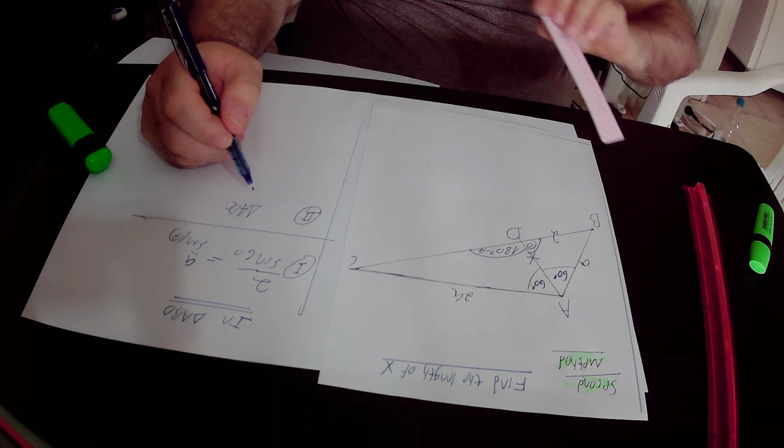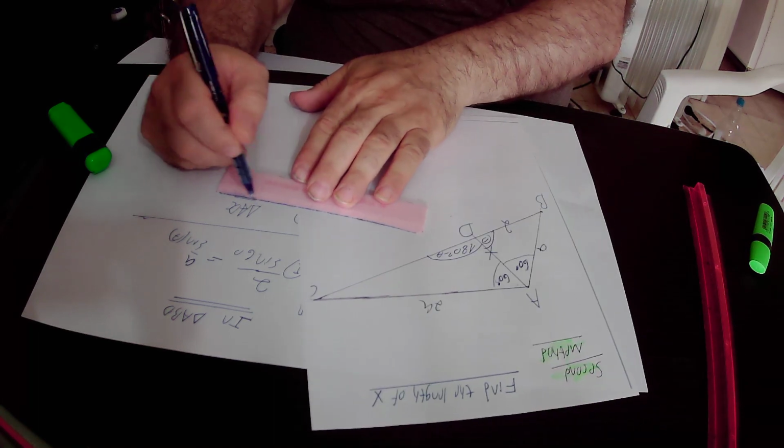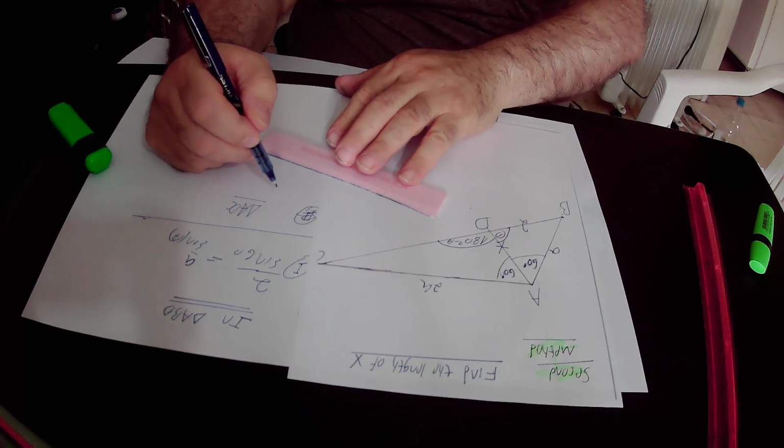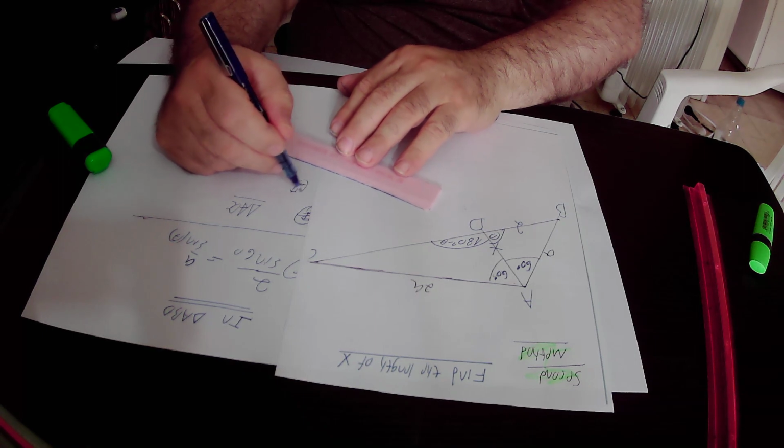In triangle ADC, this will be equation number 2.